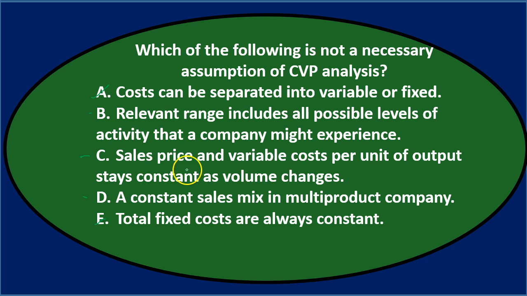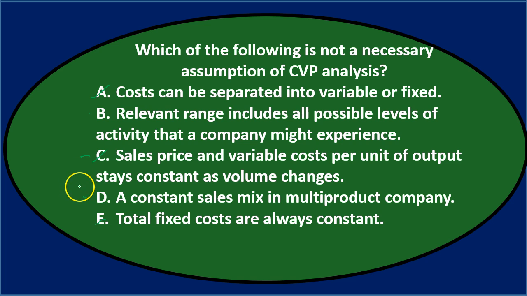That's kind of the definition of a variable cost: sales go up at a constant rate, and variable cost per unit of output should go up at a constant rate. That's kind of what variable costs are. So I would think that A, C, and E are all kind of the same type of assumption, breaking things out into variable and fixed.